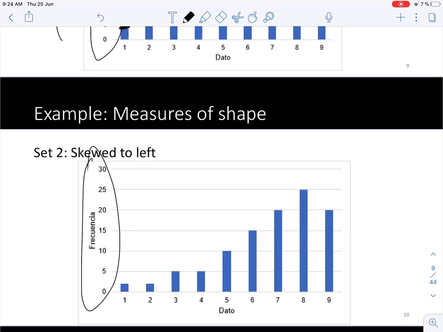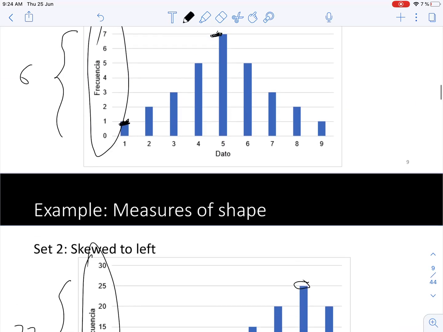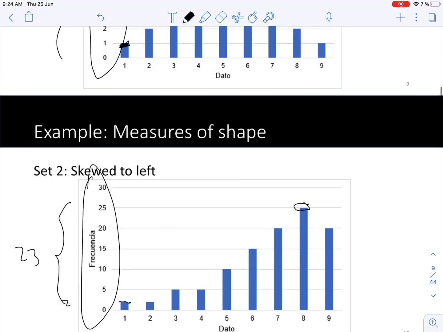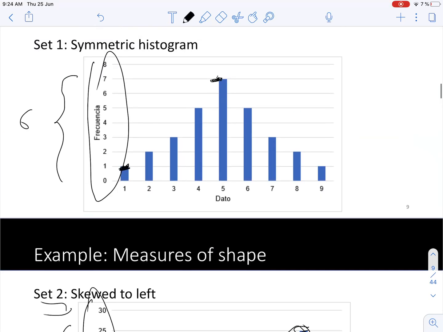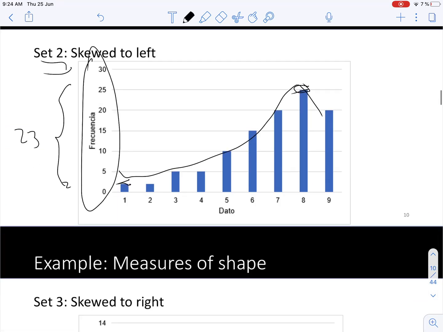But now, if we go to the second plot, please notice that the highest value of the frequency is 25, and the lowest is 2. So that distance is way higher. It's bigger, right? 23. So you have a higher distance here between the minimum frequency and the maximum frequency. So that's suggesting that you have a sharper peak in the second set compared to the first one.